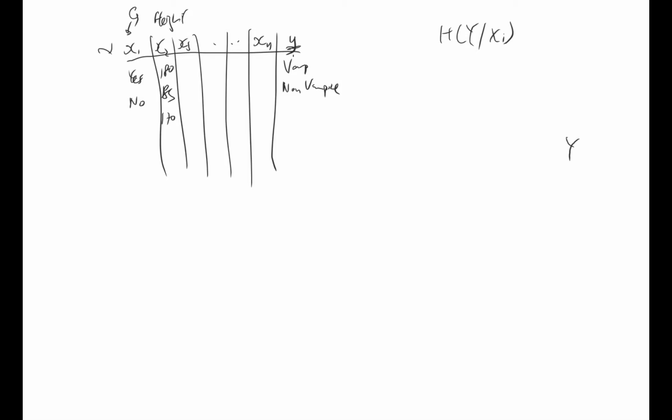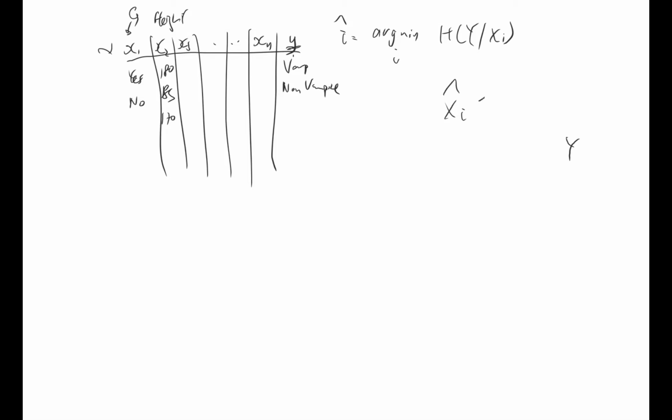Then I just pick the feature that minimizes the conditional entropy, maybe I call it i hat here. That would be my first feature to pick.